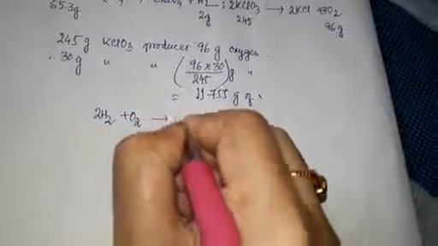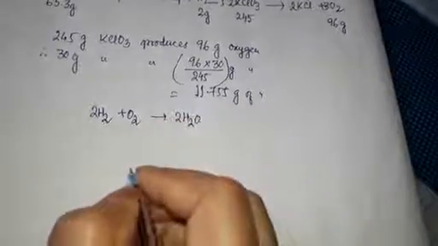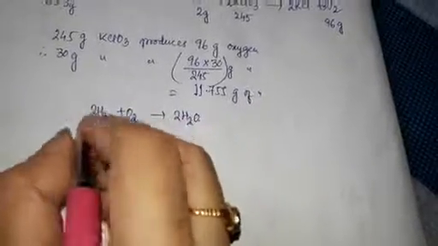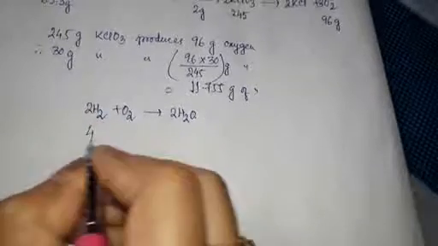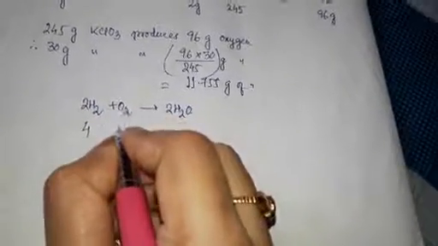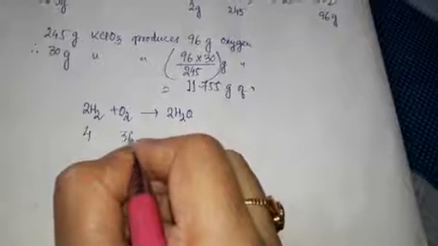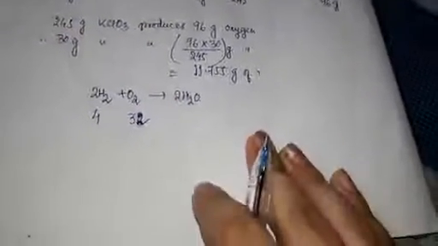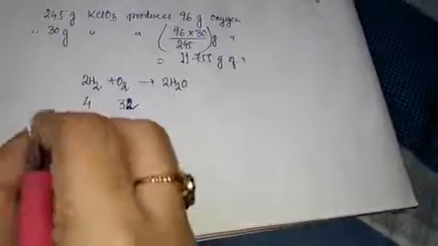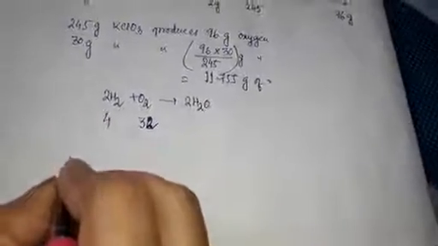So hydrogen plus oxygen produces water. So this is a balanced chemical reaction, and 2 into 2, that means 4, and this means 32 grams of oxygen. So 32 grams of oxygen reacts completely with 4 grams of hydrogen, right?